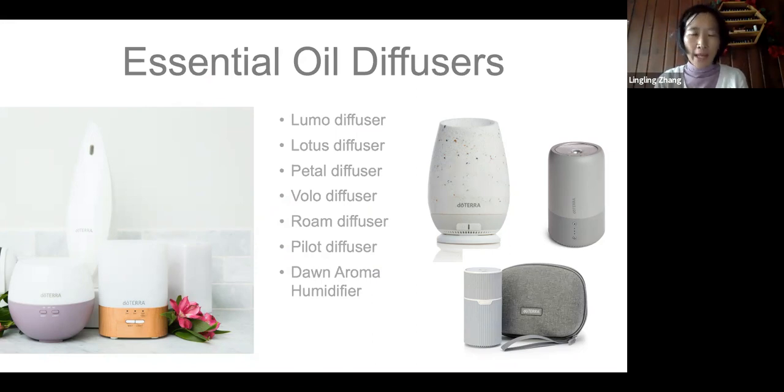Do not just buy any diffuser, like a humidifier, those you put on when you have allergy or something. Essential oil diffusers are designed for diffusing essential oils, so they are the best to use with your essential oils.